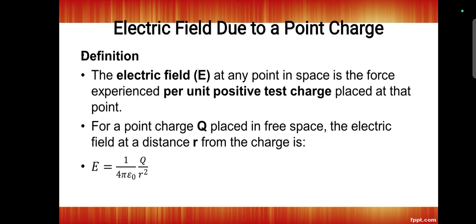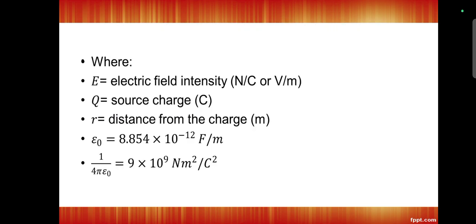So the electric field due to a point charge is defined as E is equal to 1 by 4 pi epsilon naught into Q divided by R square, that is force per unit positive test charge. Here E is the electric field intensity, with the unit newton per coulomb or volt per meter.